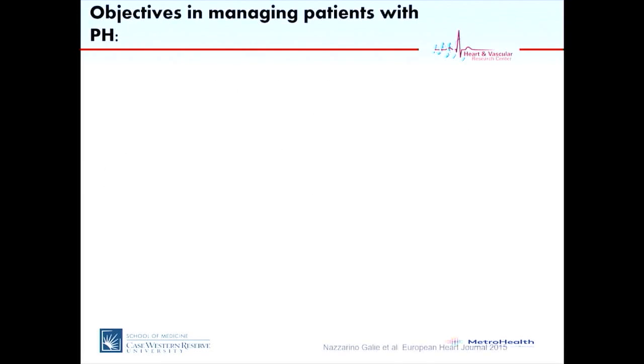Once we screen patients, we need to talk about what the management goals are here. So risk assessment: the newer guidelines, both the American and the European guidelines, focus most on stratifying patients into a risk category.